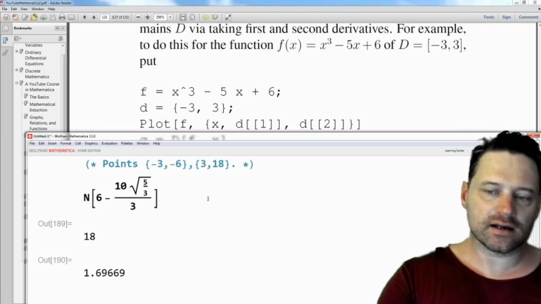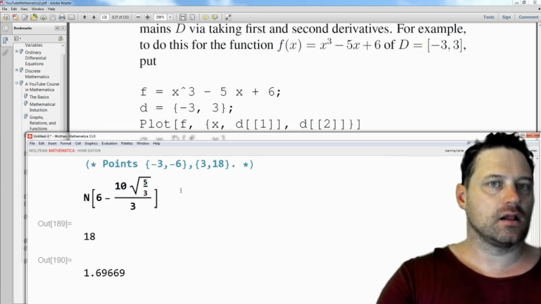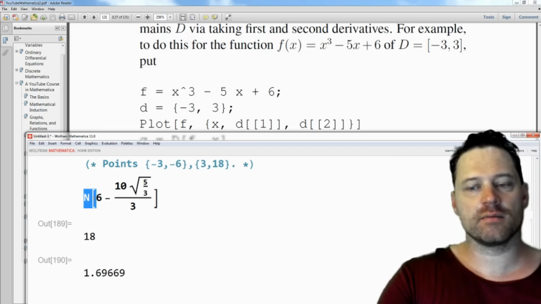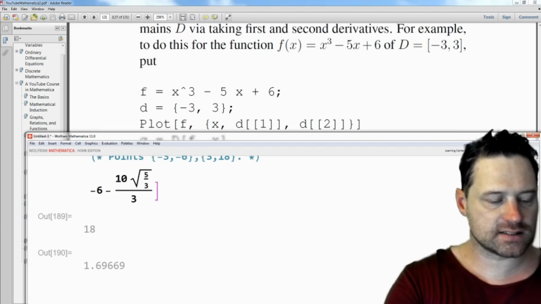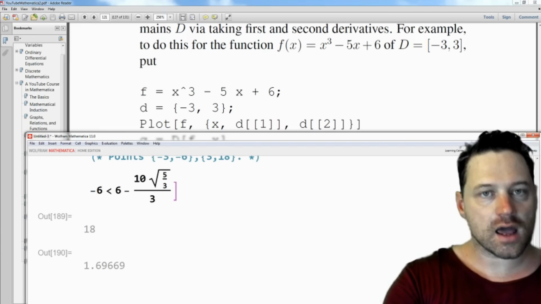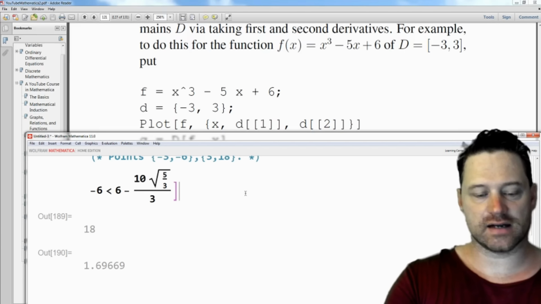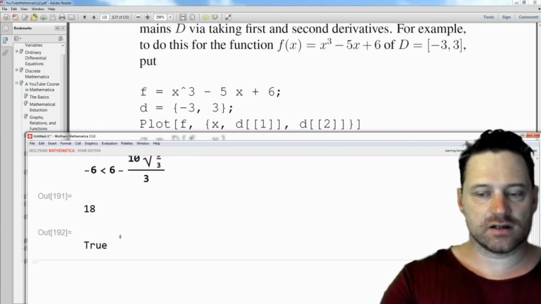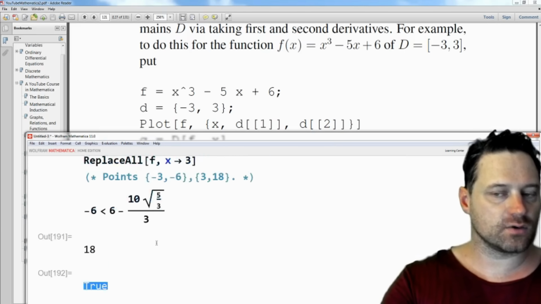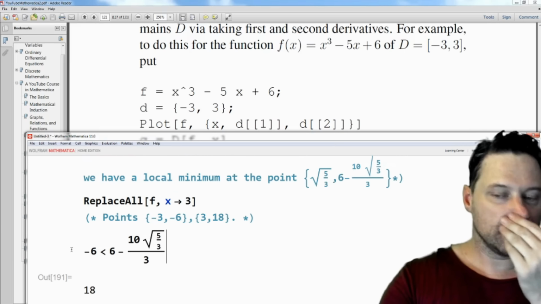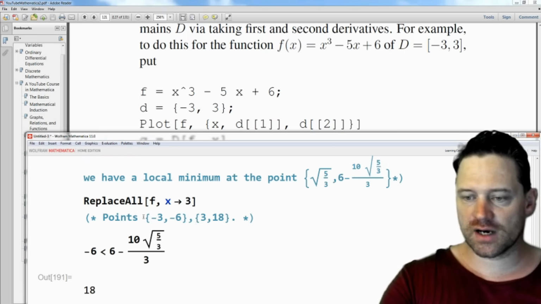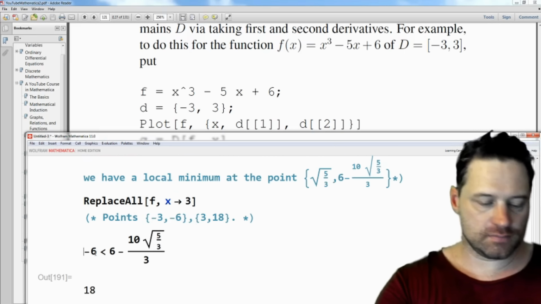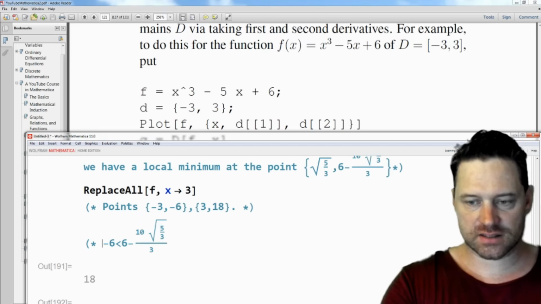All right, so clearly minus 6 is the lower number. Now I'll just confirm that by saying minus 6 less than. You can take that as a question and it'll say true or false. So let's have a look. True, indeed true. So what does that mean? It means that this point right here is a global minimum. So let's note that down. We'll turn this into a comment.